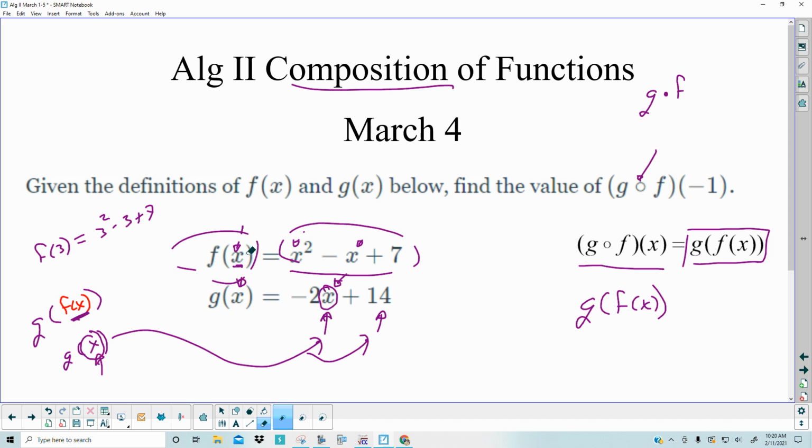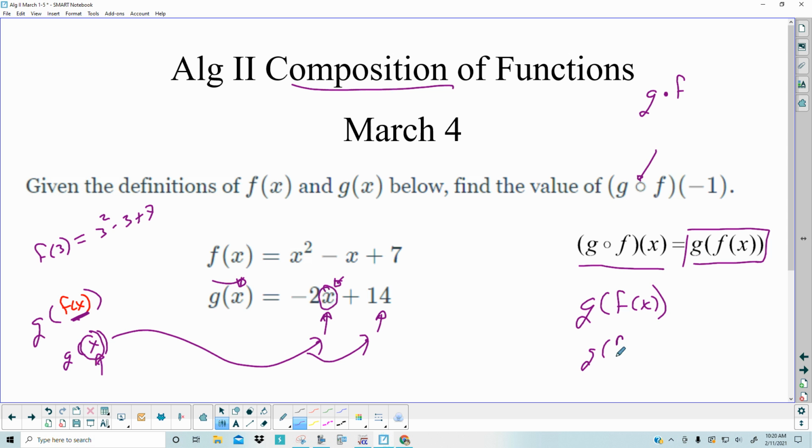Well, I think the easiest way to do it, when you're given a number, you want g of f of -1, is you start on the inside and work out. Find f of -1. So they're telling you to fill in -1 here. Now remember, when you fill a negative into a parenthesis or into a variable that has an exponent, you got to be careful. So remember, you can put parentheses.